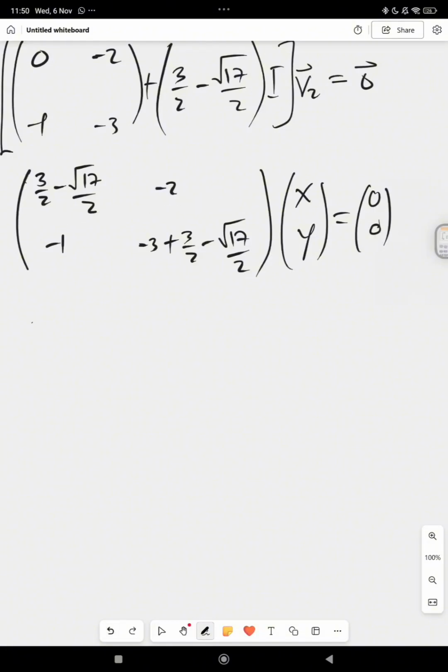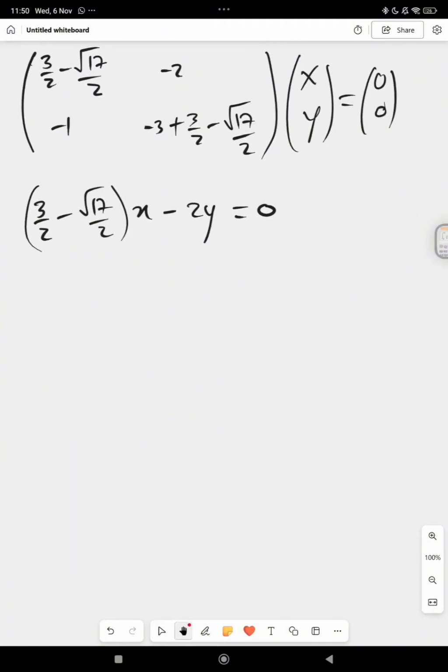So we'll have 3 over 2 minus square root of 17 over 2 multiplied by x minus 2y is equal to 0. Then we're going to have 3 over 2 minus the square root of 17 over 2 multiplied by x is equal to 2y.